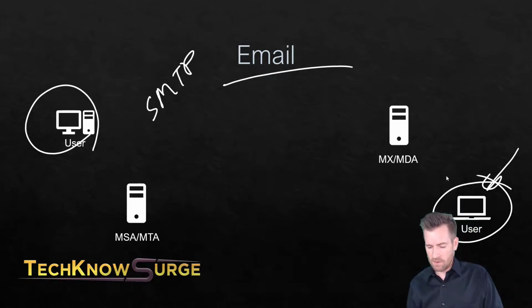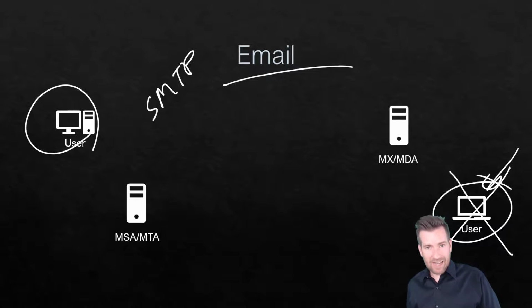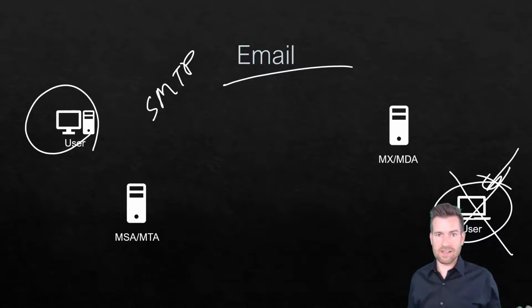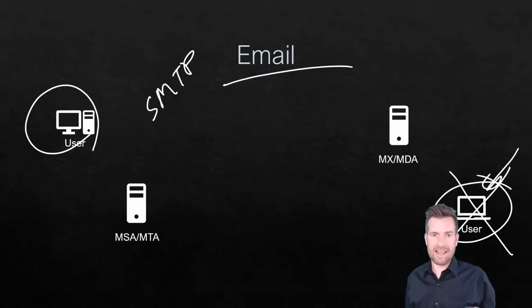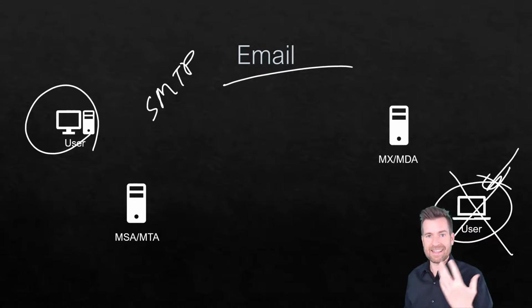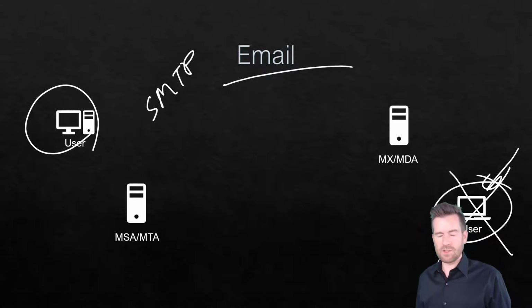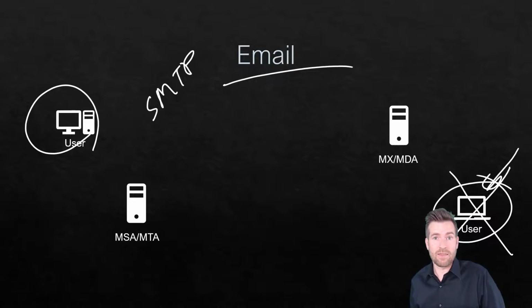This user might be offline at the time that you send it, so there needs to be some sort of asynchronous communication that happens back and forth, which means it's not necessarily happening all in real time, and that user's not going to get it right away. They could get it the next time they get online. That is one of the reasons why there are multiple protocols set up for this.